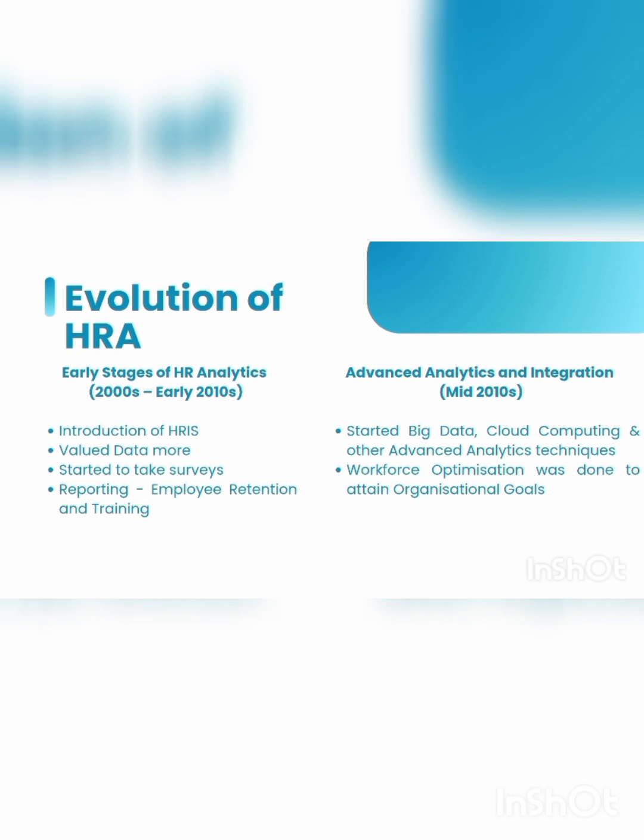HR professionals started conducting surveys to understand employee satisfaction and performance. Organizations tracked employee retention and training effectiveness but still used basic descriptive analytics. Although decisions were still partially intuitive, HR teams started using numbers to justify hiring, promotions, and training investments.